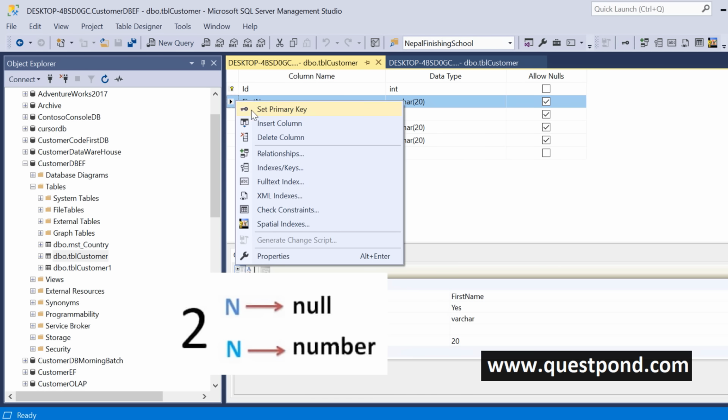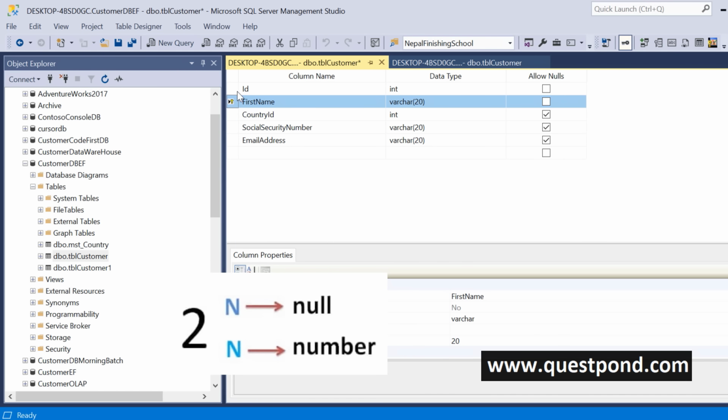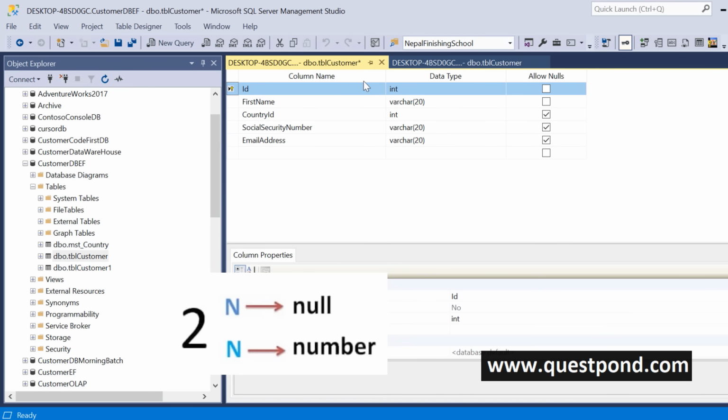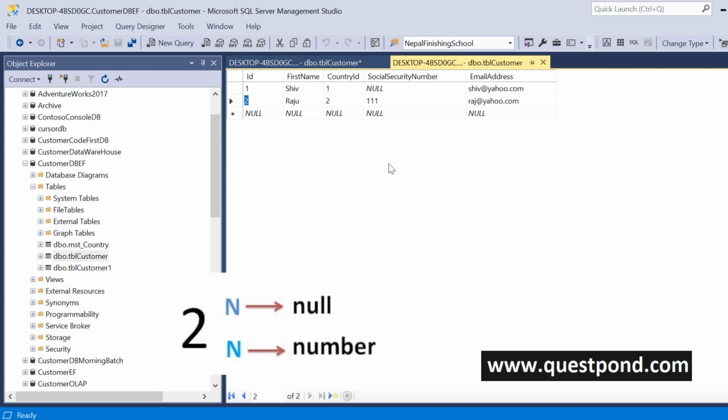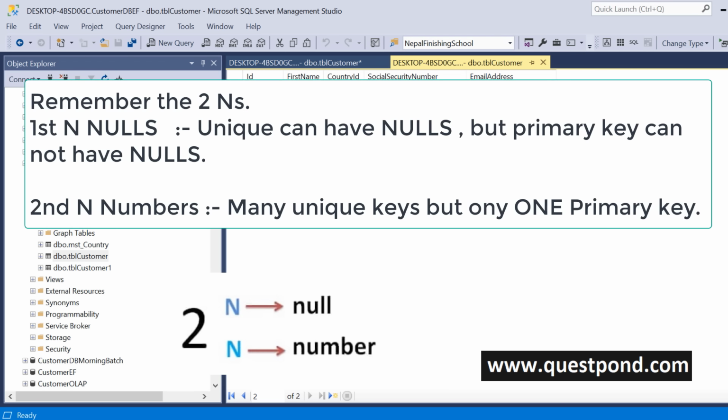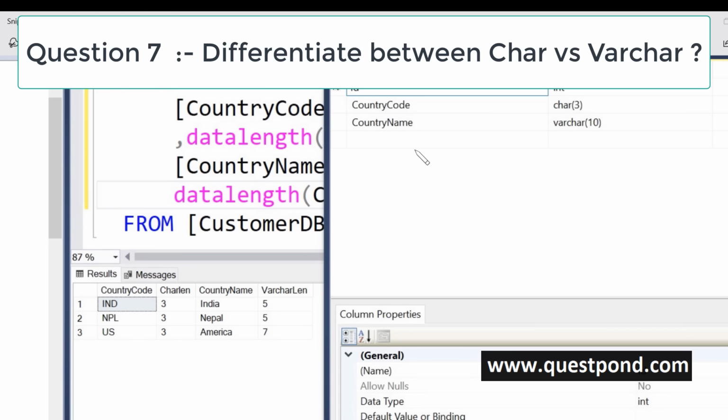If I try to create a primary key here, the first one goes off. You can see this key has gone down. So you can have only one primary key, but you can have many unique keys. So for this question, hit the two Ns, nulls and numbers. In a unique key you can have nulls, while in terms of numbers you can have many unique keys in a table, but only one primary key.